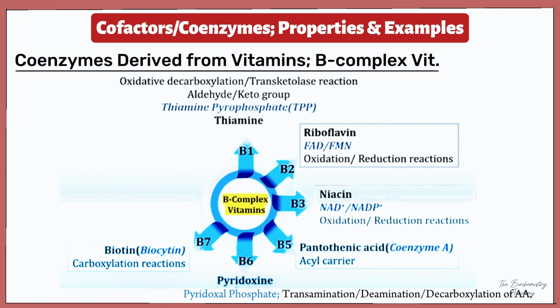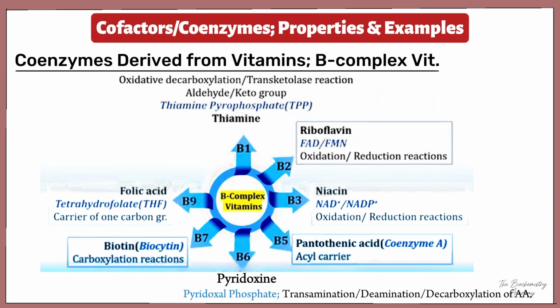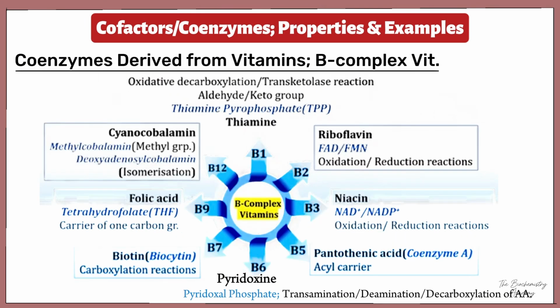carboxylation reactions. Then the next vitamin B complex vitamin is vitamin B9, also called folic acid. Now, the coenzyme is tetrahydrofolate, which is a carrier for one carbon group. Then finally, vitamin B12, also called cyanocobalamin.